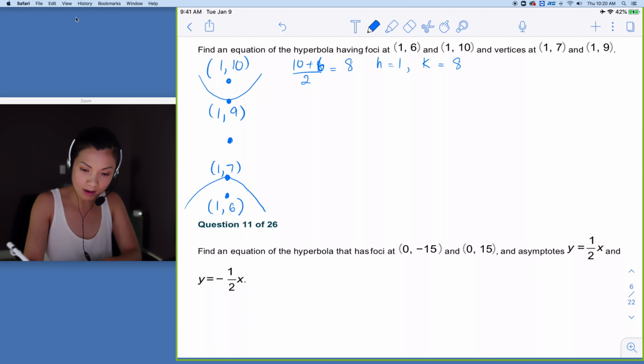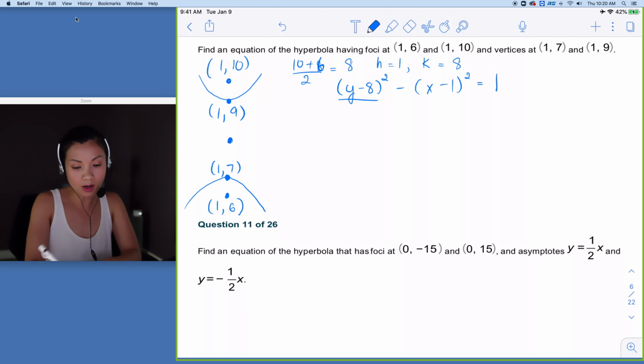So what I have right here is going to be y minus 8 squared minus x minus 1 squared equals 1. So I need to figure out the number below y and the number below x.